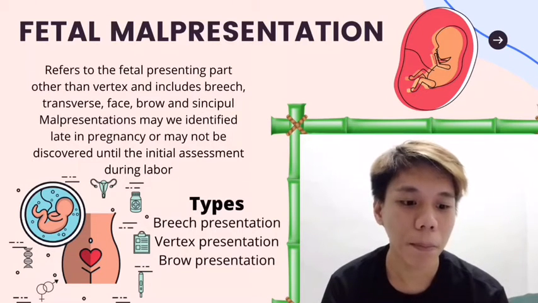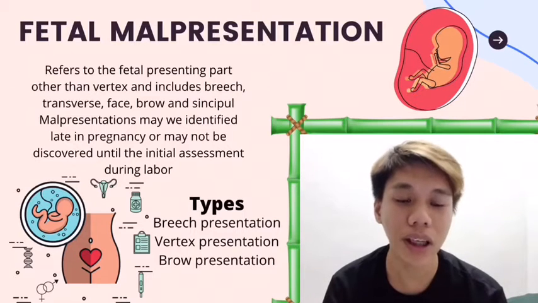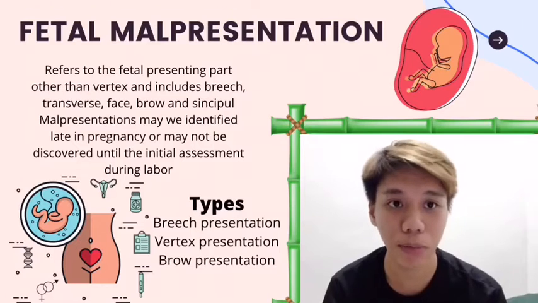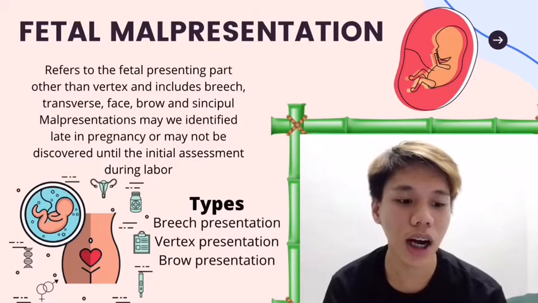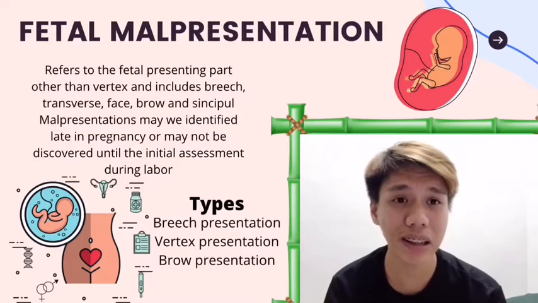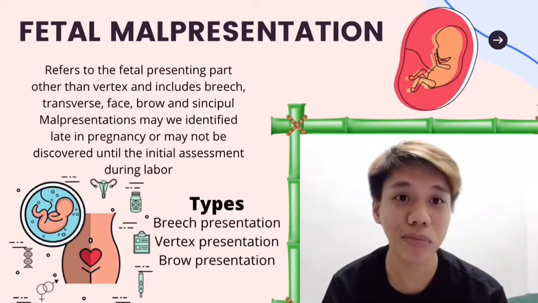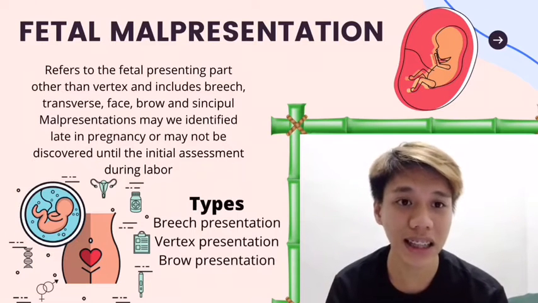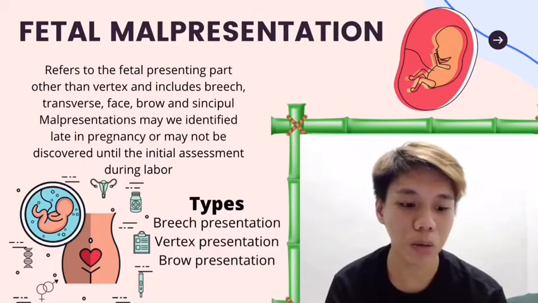Malpresentations may be identified late in pregnancy or may not be discovered until the initial assessment during labor. So there are three types of fetal malpresentation. First is breech presentation, second is vertex presentation, and third is brow presentation.